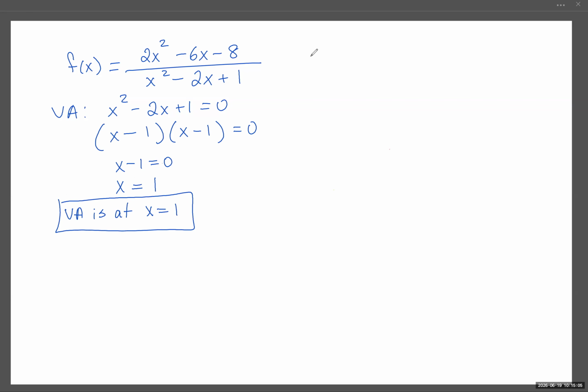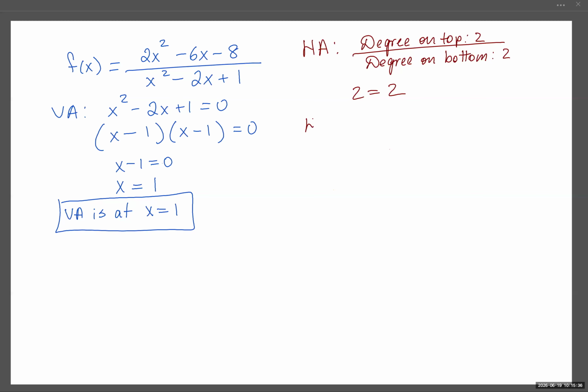Now the horizontal asymptote. The degree on top in the numerator is 2. The degree on the bottom is also 2. The degree of the function, by the way, is just the highest power on the x. So in this case, we have the degree on top equals the degree on the bottom.